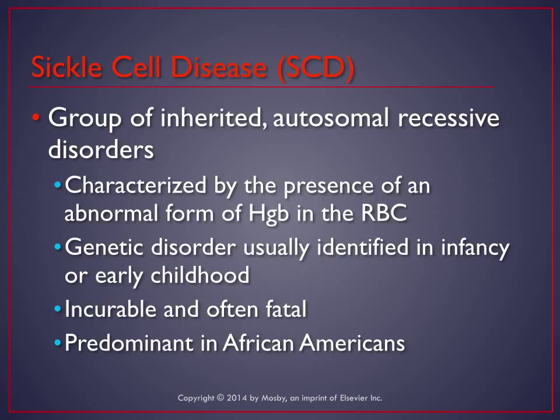It is often fatal, like if the child has been diagnosed in early childhood that he has sickle cell disease, it becomes dangerous by middle age because of the other problems which happen because of this disease, which are renal failure, infection, pulmonary failure, or stroke.